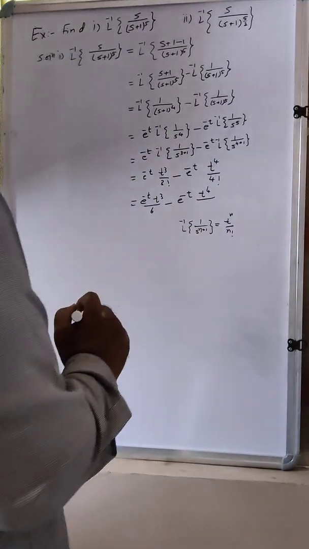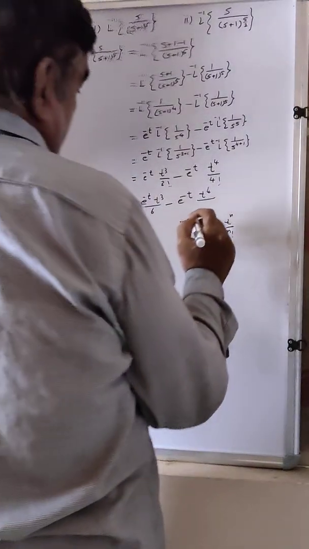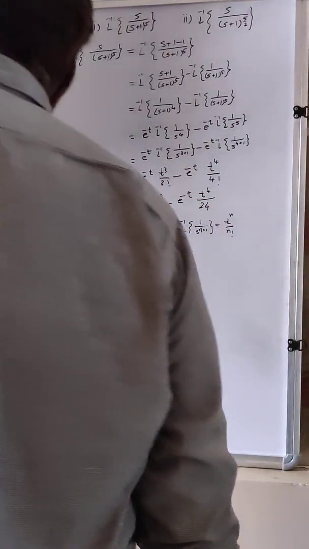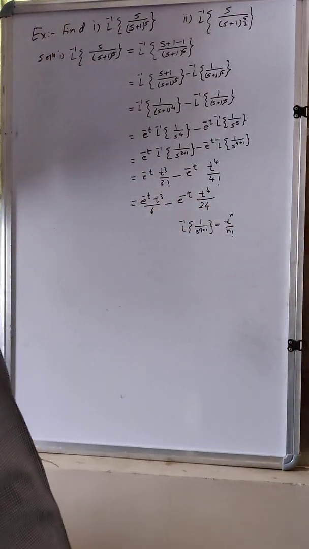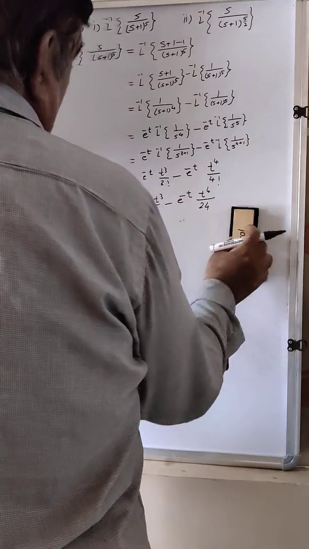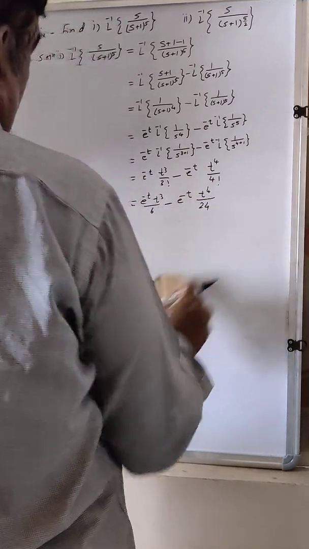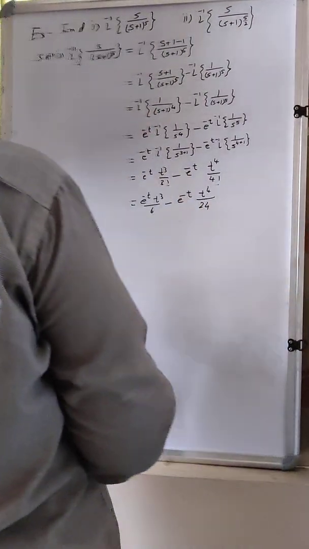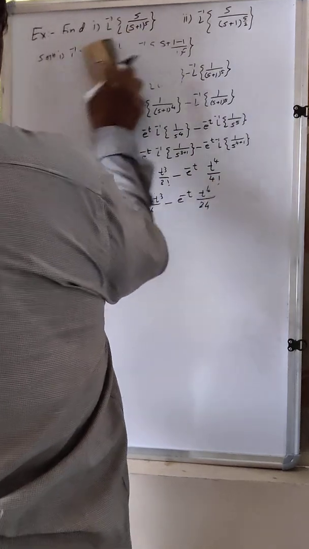Here 24. Laplace inverse of s upon (s plus 1) raised to 5, we get equal to e raised to minus t, t cube by 6, minus e raised to minus t, t raised to 4 by 24. Next example.